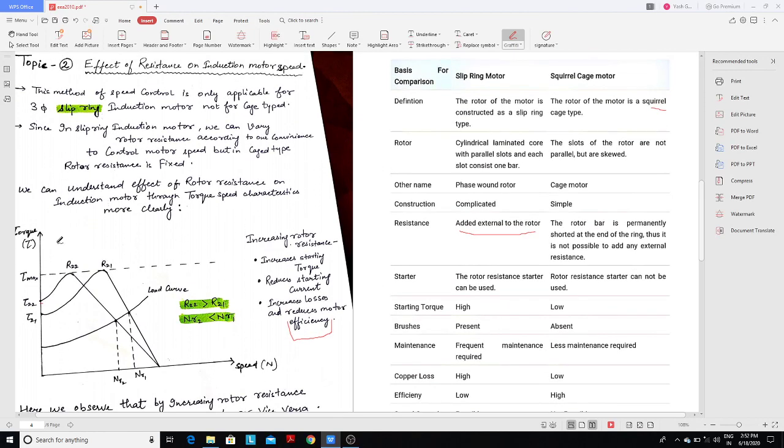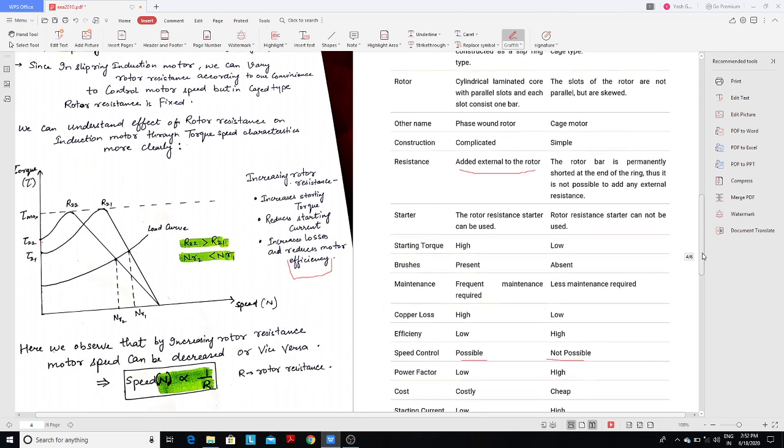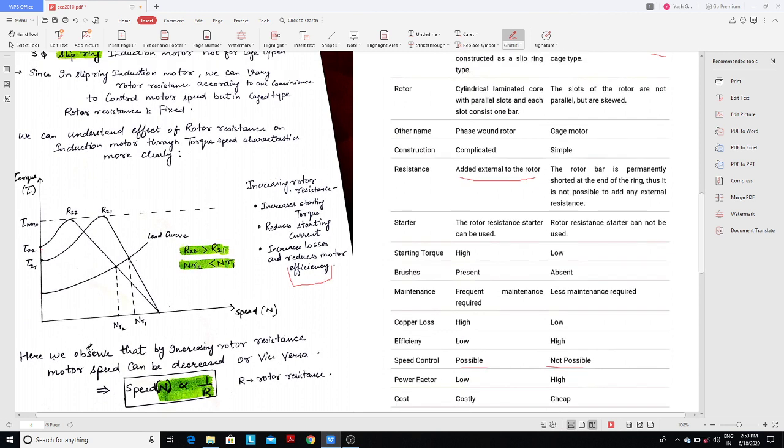You can see in this graph, made between torque and speed, how the torque varies when we increase speed. I have drawn the graph for two resistances, R21 and R22. R22 is greater than R21, and I have drawn the load curve, and the intersection point gives the speed.